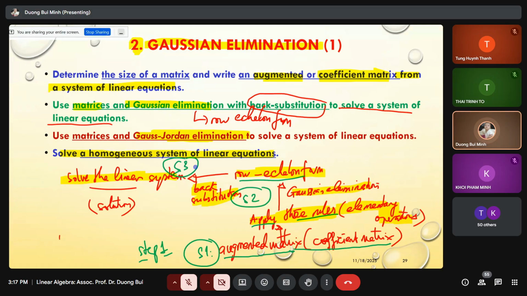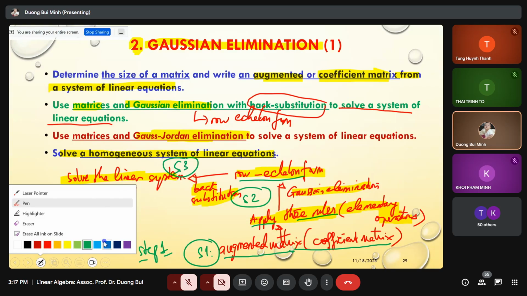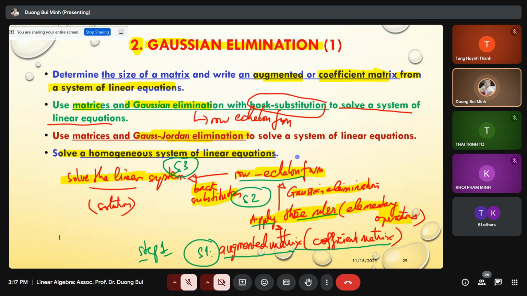And so what is Gauss-Jordan elimination? Now, continue. From row echelon form, if we apply Gauss-Jordan elimination, you can get reduced row echelon form.